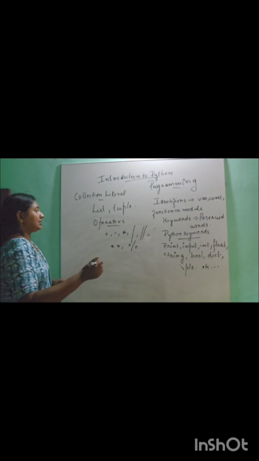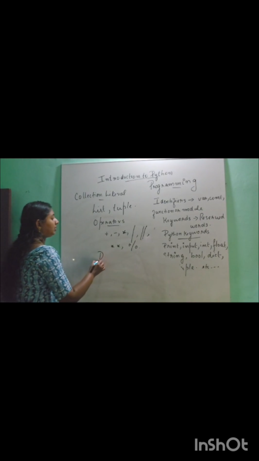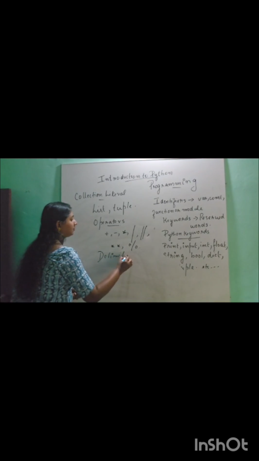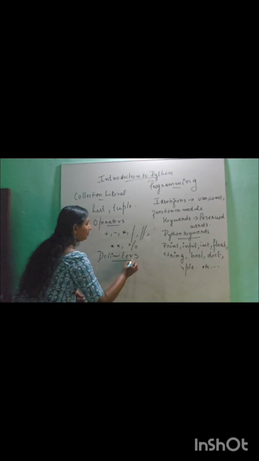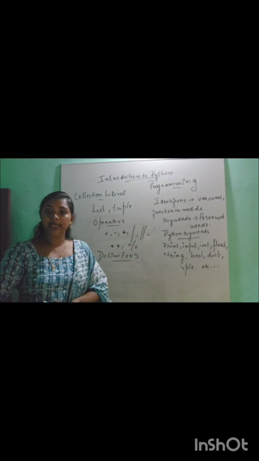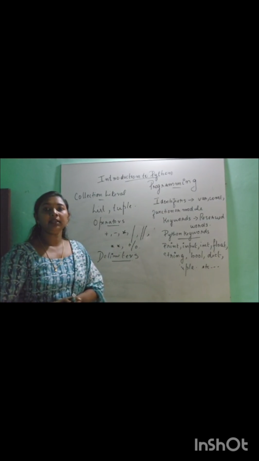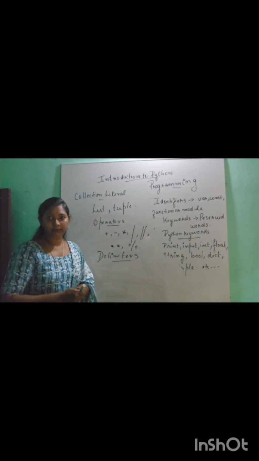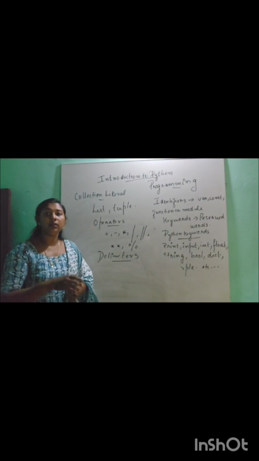The next token is punctuators or delimiters. What do you mean by a delimiter? A delimiter is a symbol that is used to separate one value from another or to enclose some value.